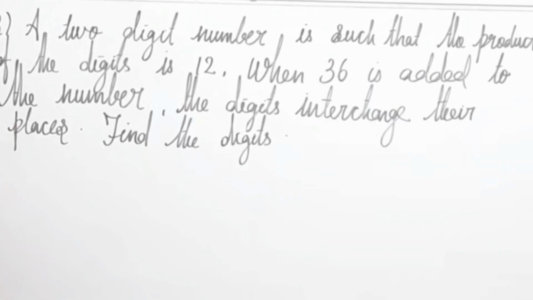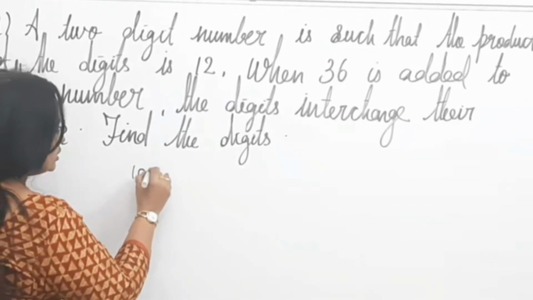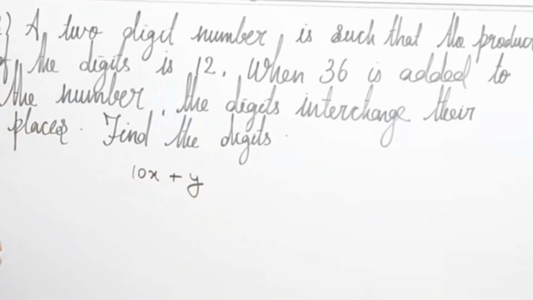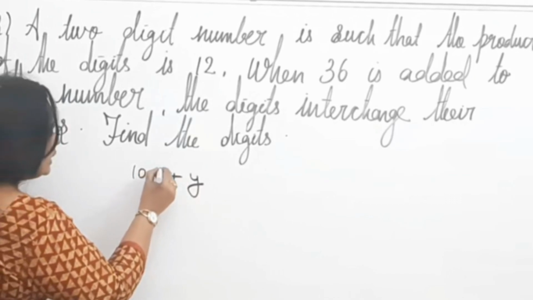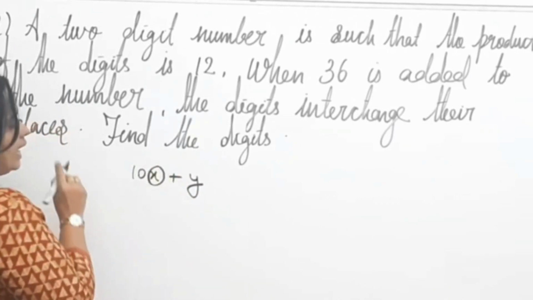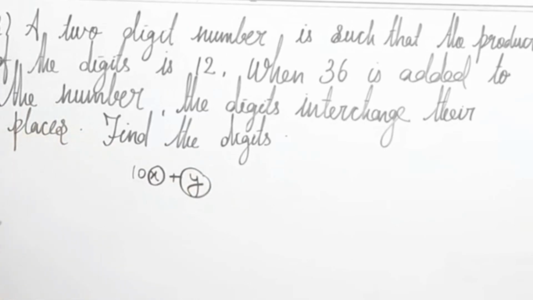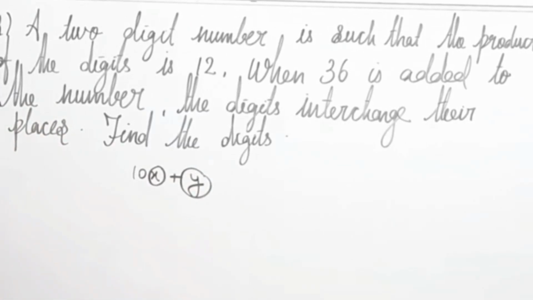The two-digit number is such that the product of the digits is 12. When 36 is added to the number, the digits interchange their places. Find the digits. Now, always keep this in mind: 10x plus y is the two-digit number. The tens place digit is x and the ones place digit is y.